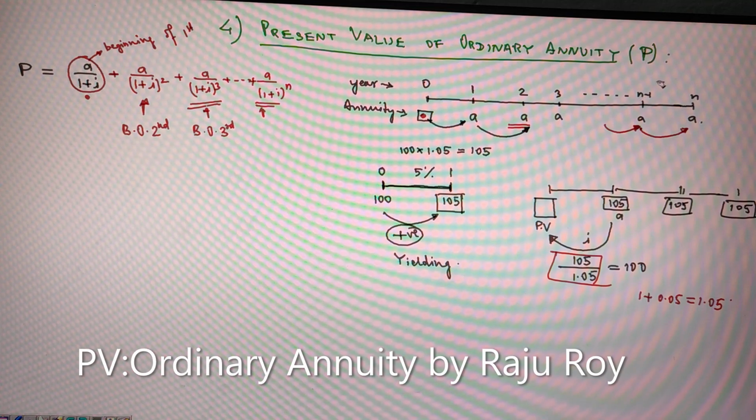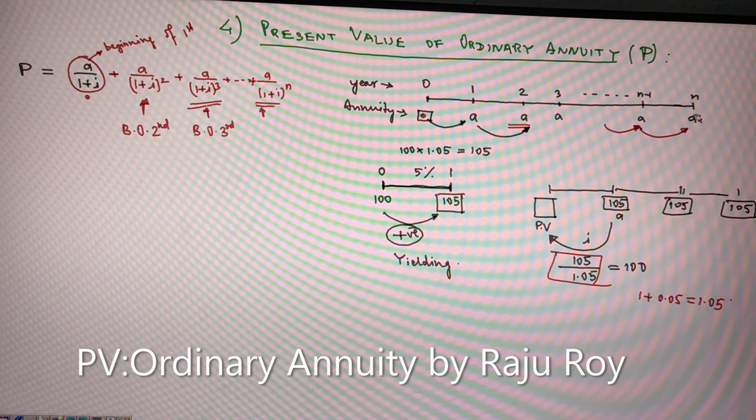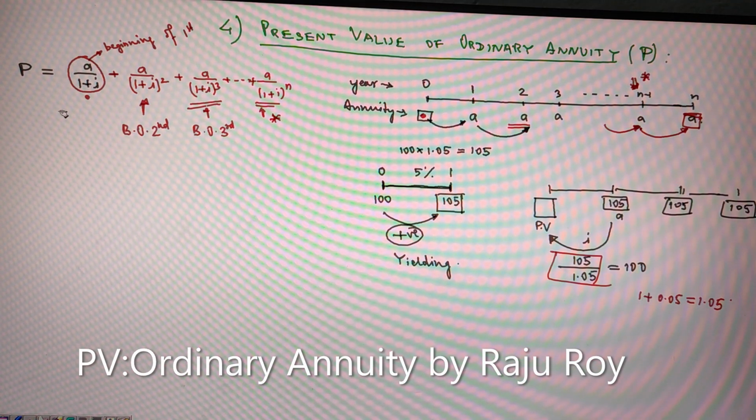So this much I am paying, at the beginning. Whatever you are paying here, this amount you are paying here, and for that only you are getting it. Am I correct? So this is over, right?